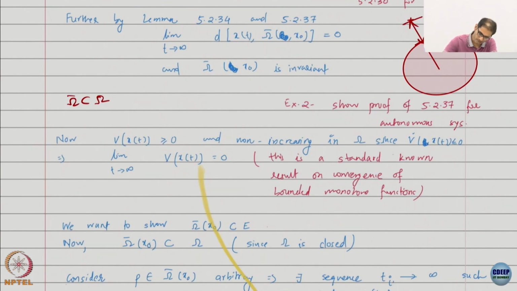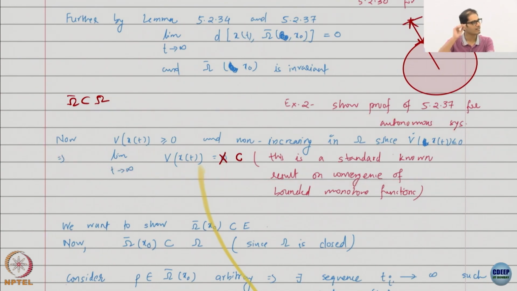In fact, 0 is not required; it has a limit as t goes to infinity. Basically the function has a lower bound and is non-increasing, which means that wherever it starts, it can either stay constant or go down, stay constant, go down. If this happens, then the function has a limit as t goes to infinity. This is called the monotone convergence theorem.